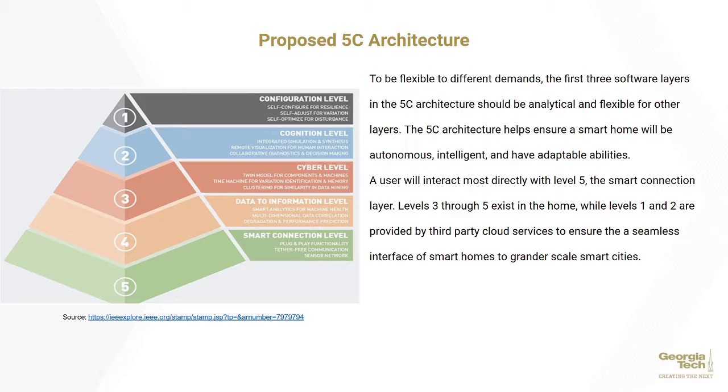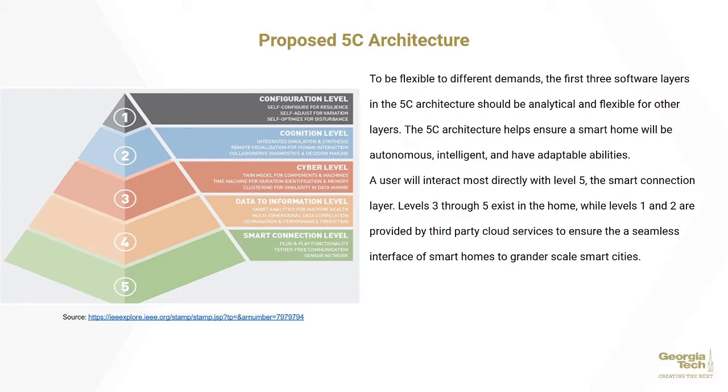A user will interact most directly with level 5, the smart connection layer. Levels 3 through 5 exist in the home, while levels 1 and 2 are provided by third-party cloud services to ensure that a seamless interface of smart homes can interface with a grander scale of smart cities.